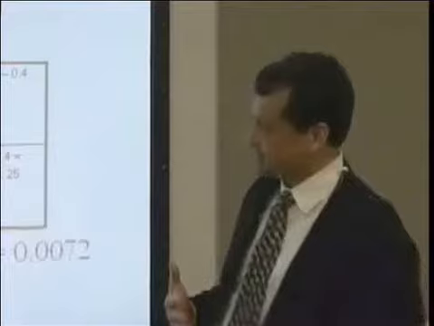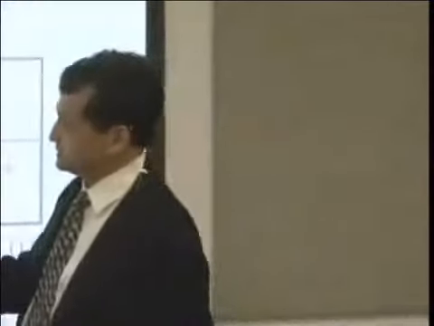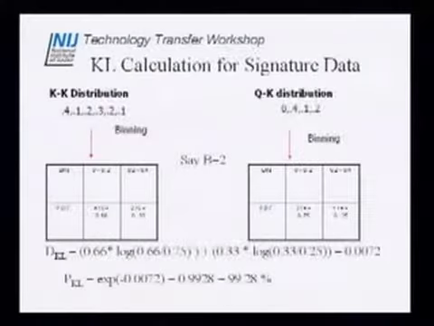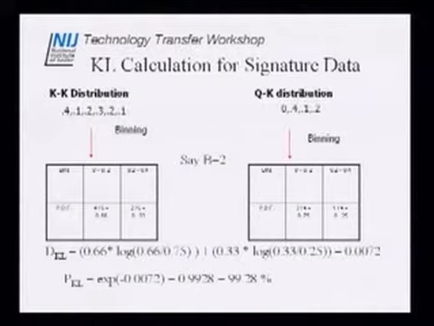So once we have that, we can compute from this the Kullback-Leibler distance, which says take those PDFs and do log of one probability over the other. This is 0.66 over here, this is 0.75 over here. Take that ratio times 0.66, plus 0.33, which is this number, times log of 0.33 over 0.25, that gives you 0.0072, and e to the power of this number gives you this number here, 99.28%.